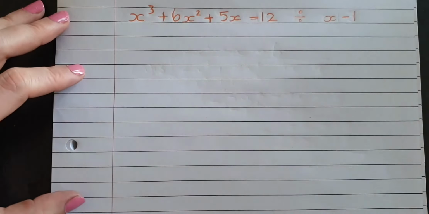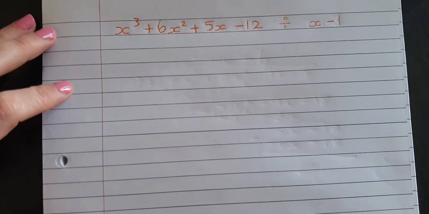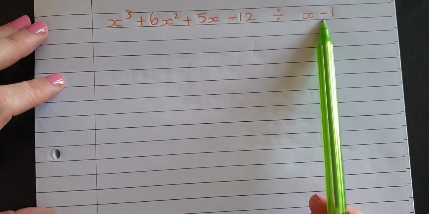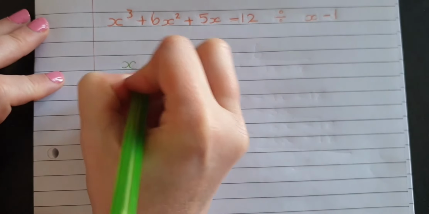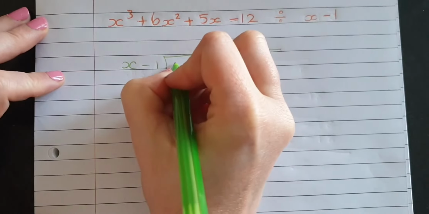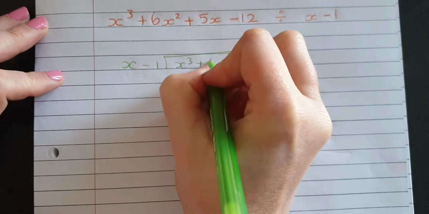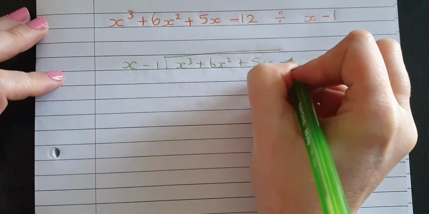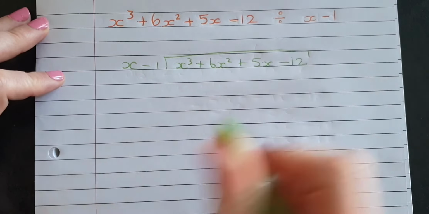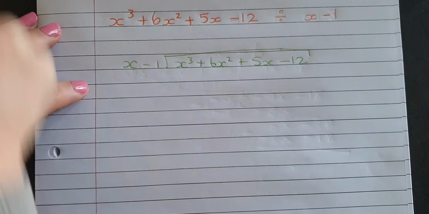So if we try one that's a little bit harder, only difficult because it's got a negative, the same process again. So x cubed plus 6x squared plus 5x minus 12 divided by x minus 1.